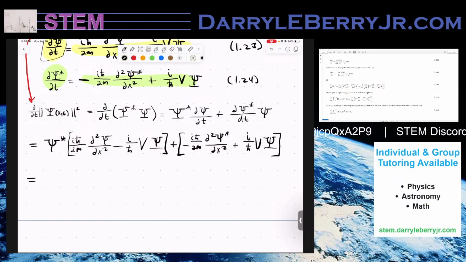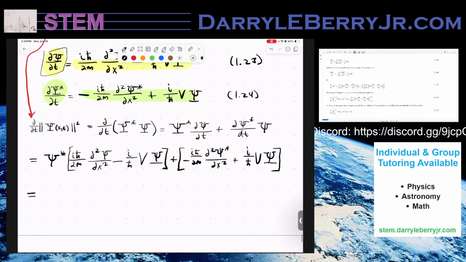So what would this leave me? We have a pulled i h bar with 2m out front. So actually, let me just write this again and distribute some things. And I might be leaving out a multiplier.